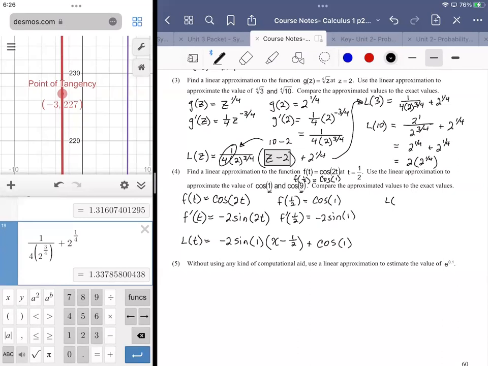So I have to figure out what L of 1/2 would be. If I wanted to figure out what the cosine of 9 is using this function, I really have to plug in a 9/2 to that original function, in order to offset the 2 that's already there and result in a 9 inside the cosine function. So I'd have to determine L of 9/2 in order to get a good approximation.